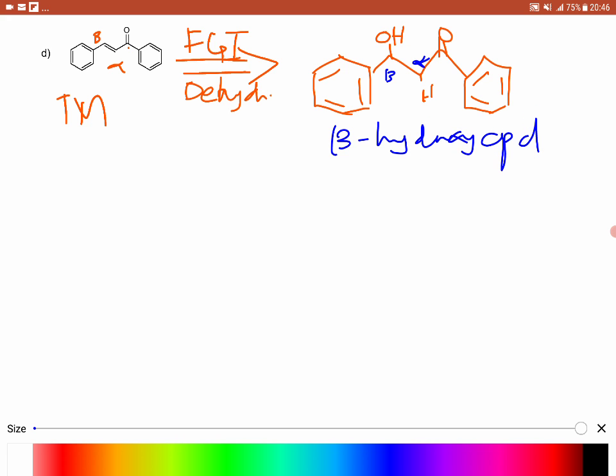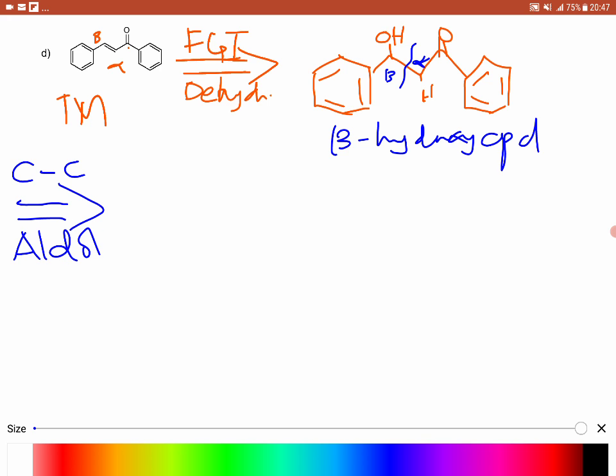So once we have converted the molecule so that we have our beta hydroxy compound, the next step of our retrosynthetic analysis is to disconnect the carbon-carbon bond, and we know very well that that carbon-carbon bond can be synthesized using the aldol reaction.